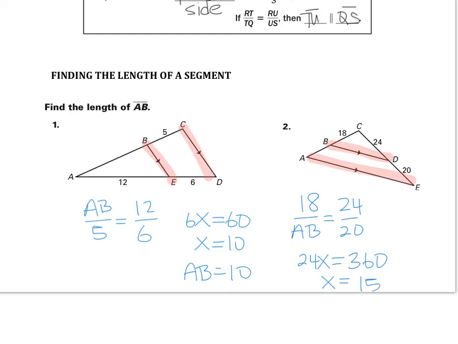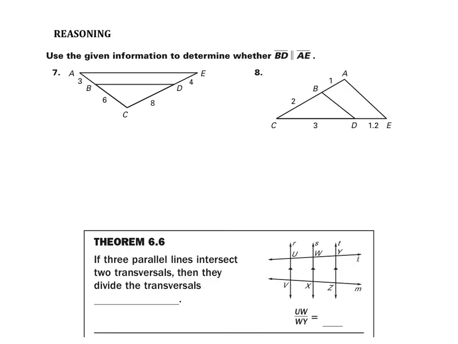I think this is 15, so AB equals 15. Okay, and you can divide or reduce those ratios if you want. I'm going to work with smaller numbers if they're reduced.